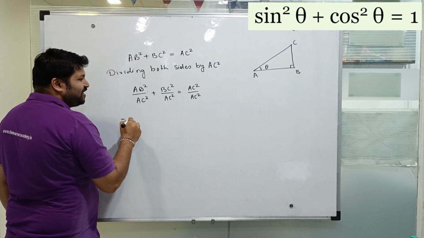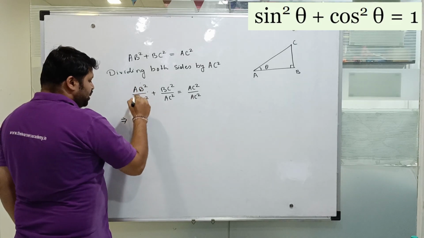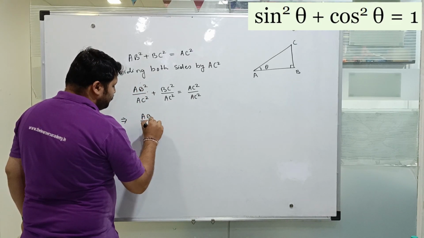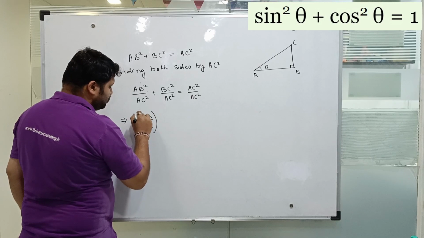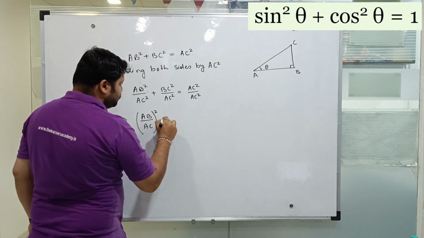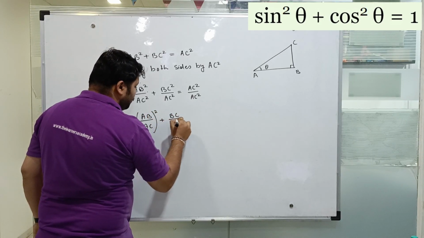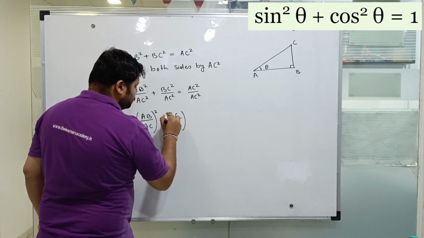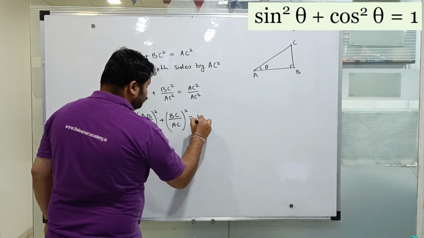So that can be written as (AB upon AC) square plus (BC upon AC) square is equal to 1.